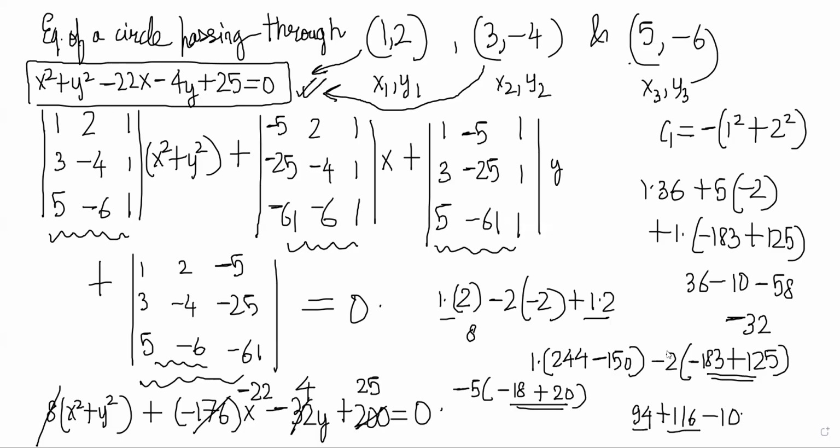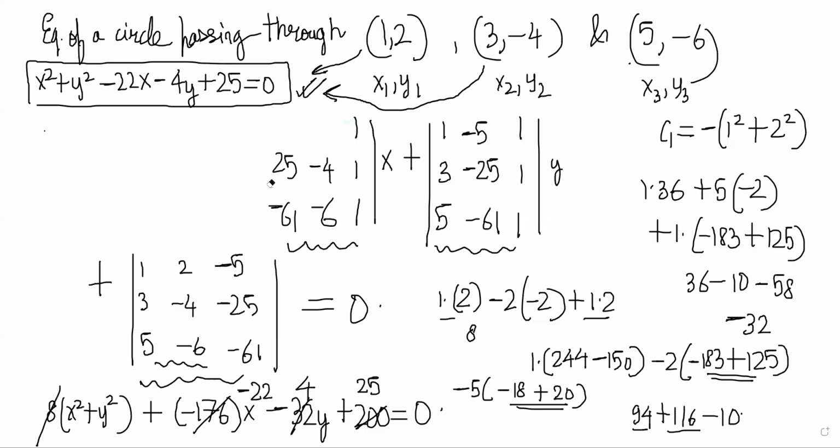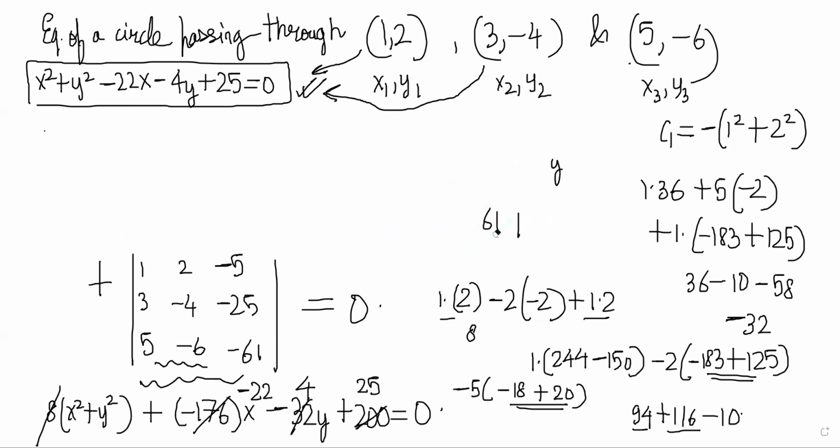So I wanted to show you an example to show you how to use this method. Obviously, there are other ways to do it. The other way to do it is to start with an equation, put the 3 points in the equation and solve for G, F, and C, right? So we could have started like this: x square plus y square plus 2gx plus 2fy plus c equals 0.